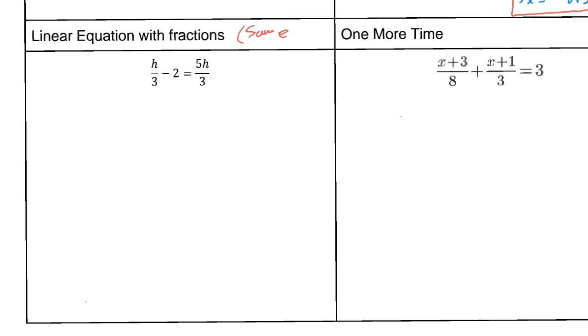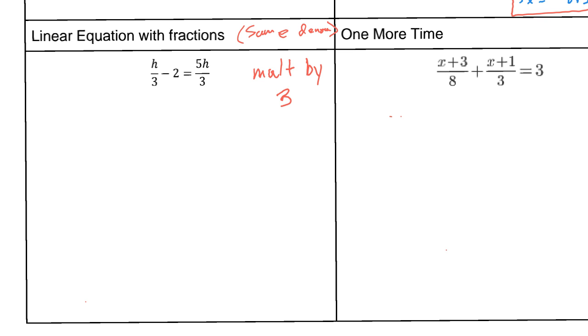When you have fractions, you have the same denominator somewhere. Now, in order to get rid of the denominators, this is what you do. This will save you lots of time. The key is to multiply everything by that same number. So this is what I mean.